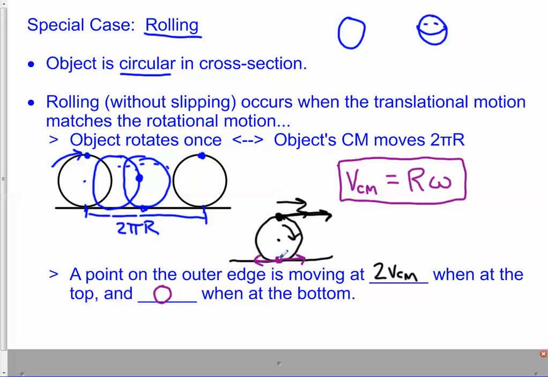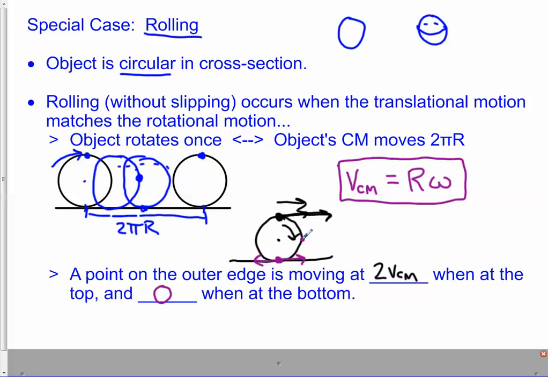Now that only lasts for a split second, but that point is stationary for a moment, because its rotational motion and its overall motion cancel out right at the bottom. And of course, that has to be the case. The points that are touching the surface can't be moving, or else that would be slippage. That would be kinetic friction, and we're saying we don't have that in our rolling. So the points right at the bottom have to be not moving when they're touching.